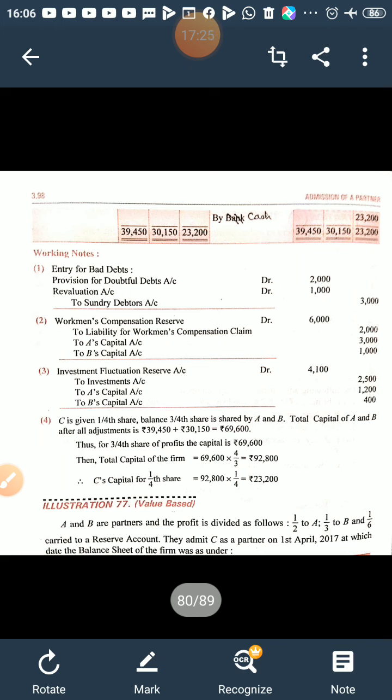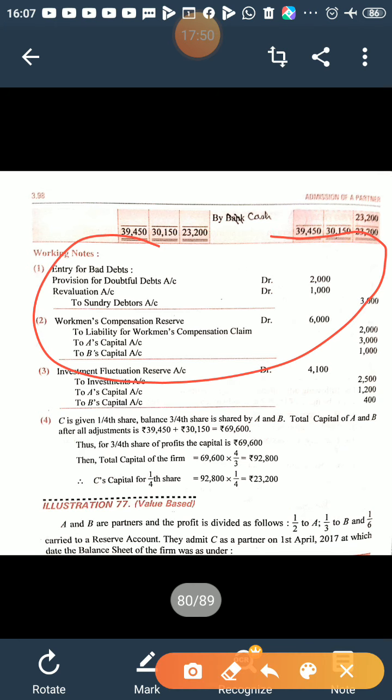Provision for doubtful debt will be utilized 2,000, and the 1,000 which cannot be recovered becomes a loss. So revaluation account will be debited to bad debt. Instead of passing two journal entries, because in the first entry bad debt is debited and in the second entry bad debt is credited, combinedly this is the combined entry.